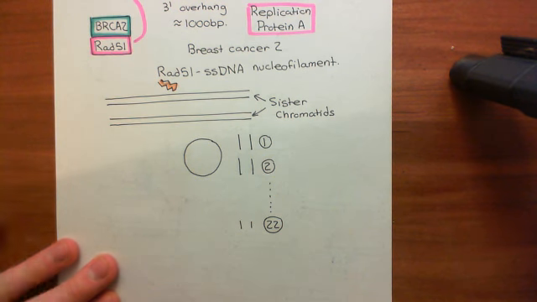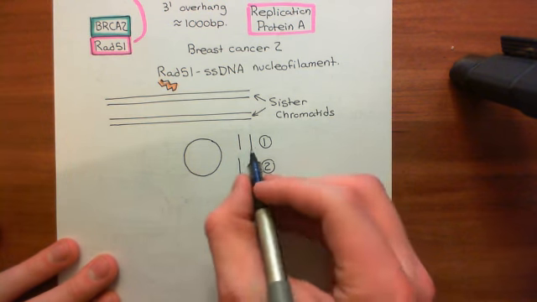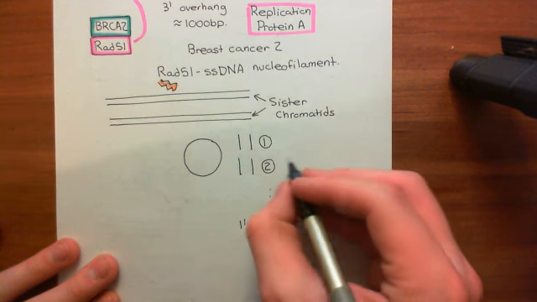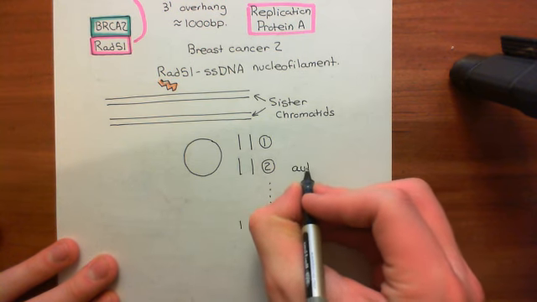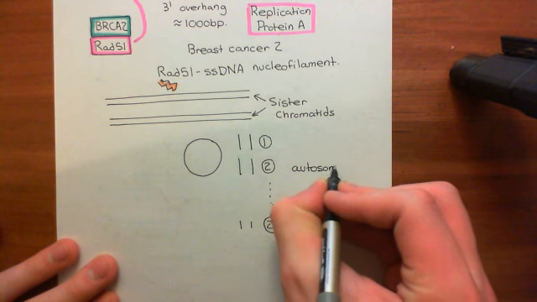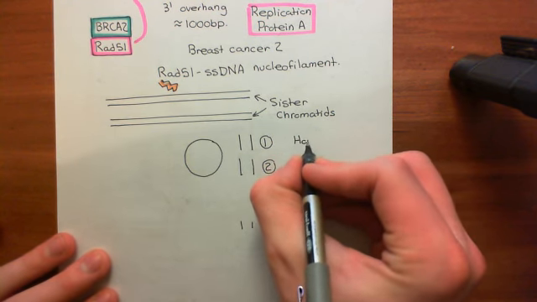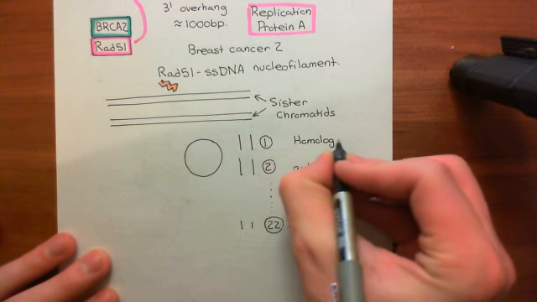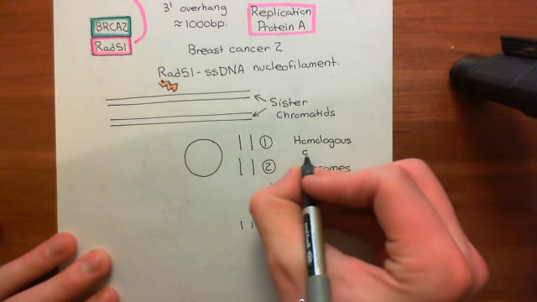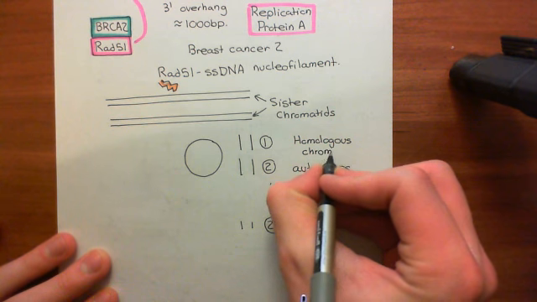If you're male, then you'll have an X and a Y, which have totally different genes on, so it doesn't work as well there. But for all the autosomes, which are the 22 non-sex chromosomes, you have two homologous chromosomes. Now, the homologous chromosomes are not identical, absolutely not.